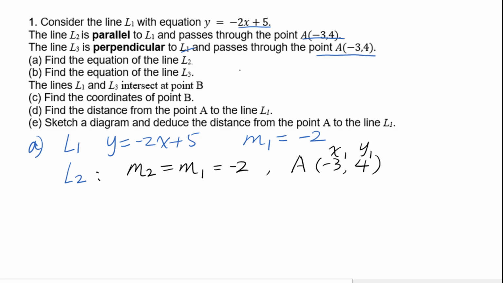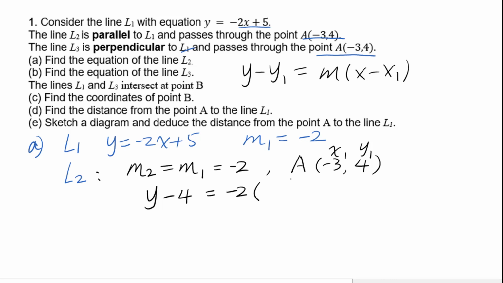We can use y minus y1 equals slope times x minus x1 to write down the equation. We have y minus 4 equals negative 2 times x minus negative 3.